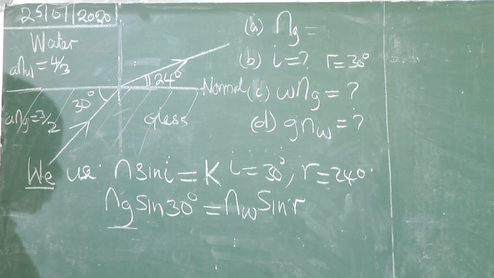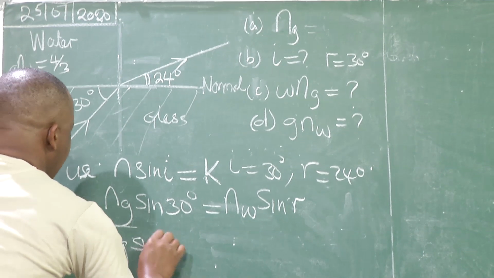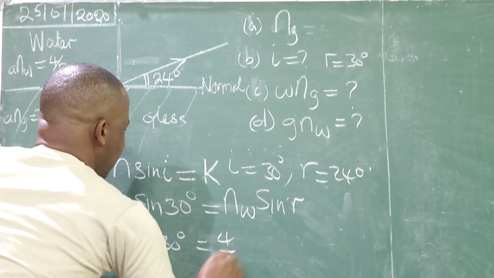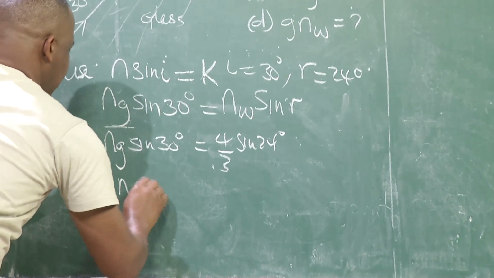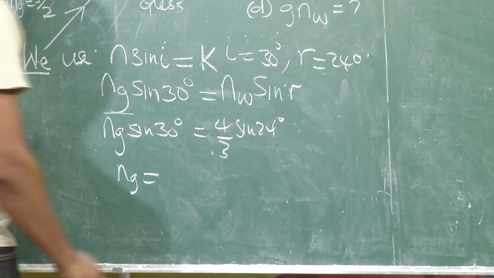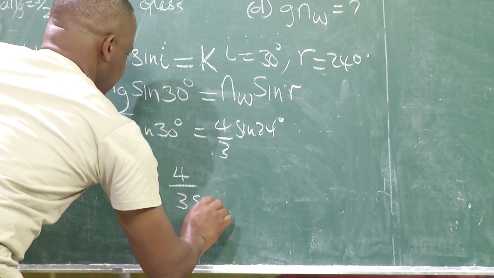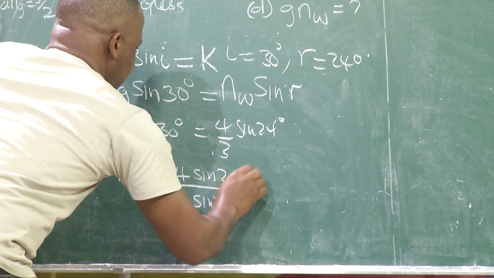The refractive index of water is known. So if we say our n, the sine of 30 degrees would be equal to 4 out of 3, the sine of 24 degrees. And our n glass, if made the subject, would be 4 over 3, the sine of 30 degrees over the sine of 24 degrees.